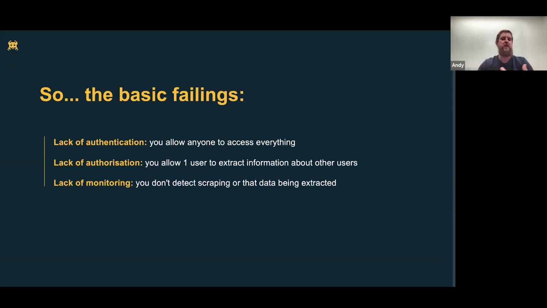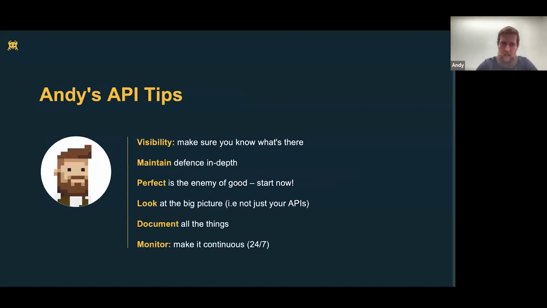If you don't detect scraping or the data that's being extracted, then how can you know that an event's even occurred? My big tips, the six that are there: we've got visibility, maintain that defense in depth. Perfect is the enemy of good, so get started now. It doesn't need to be difficult. Look at the big picture, document all the things, and make sure it's continuous.